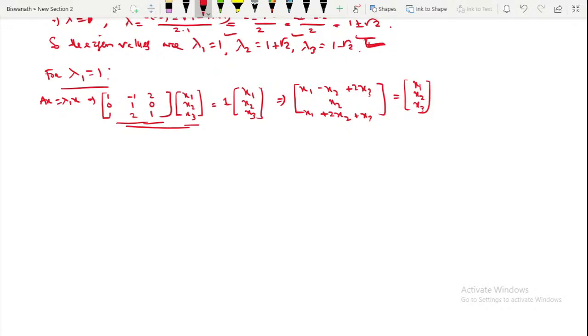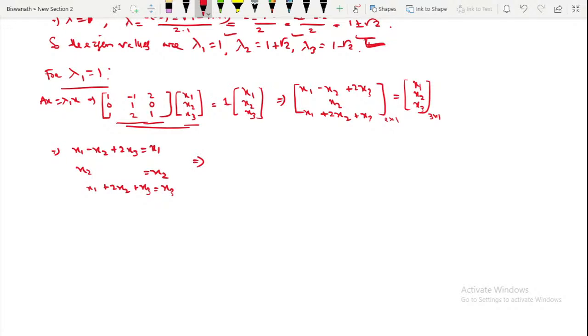Now this is a 3 cross 1 matrix, and this is a 3 cross 1 matrix, and two matrices are equal means their entries are equal. That means we can write x1 minus x2 plus 2x3 equal to x1, and x2 is equal to x2, and x1 plus 2x2 plus x3 equal to x3.